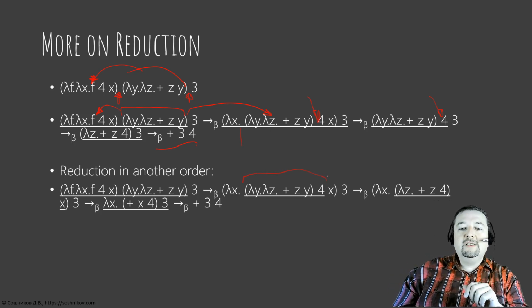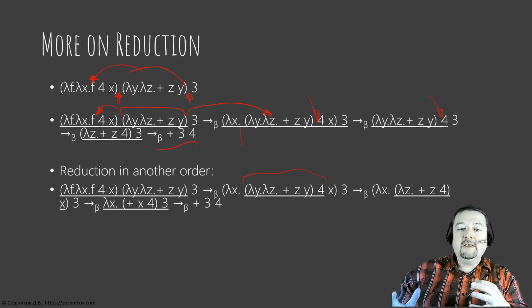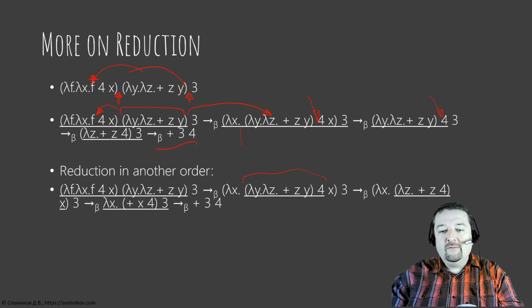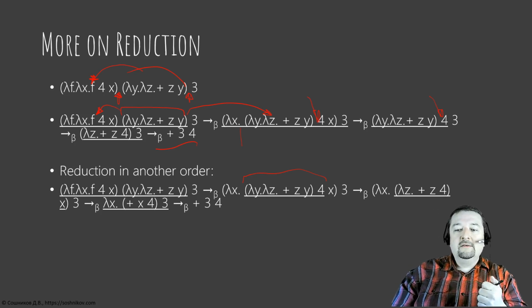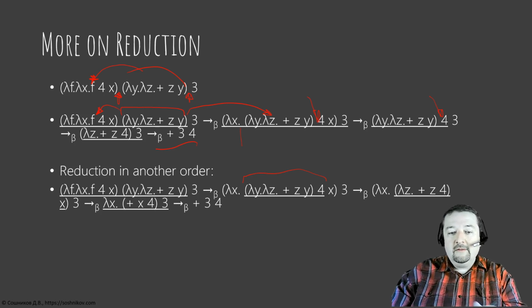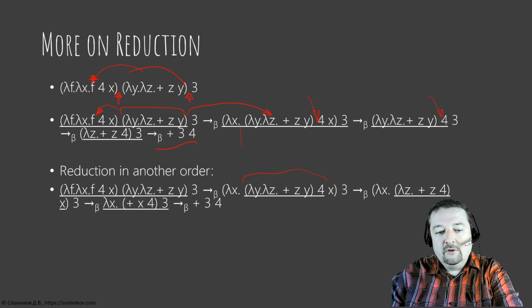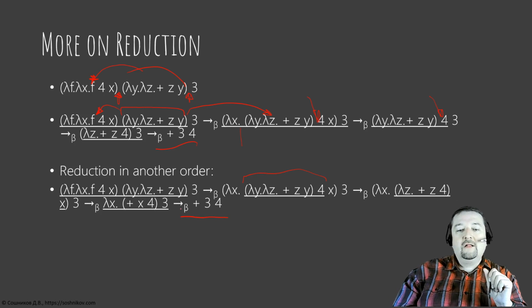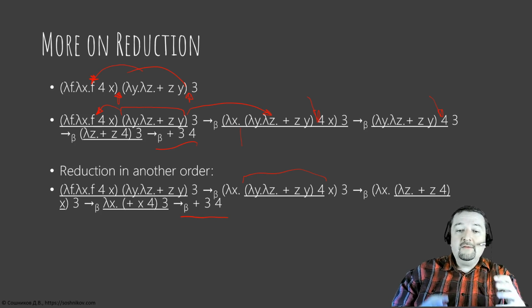To plus yz plus zy. And because it is applied to 4x, I can apply it to 4. And it would give me a different expression. It would give me lambda x plus z plus z4 applied to x and 3. And finally, if I do all the reduction steps correctly, I would arrive at the same result, plus 3, 4, but in a slightly different order.